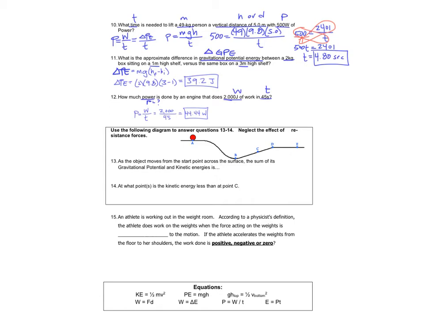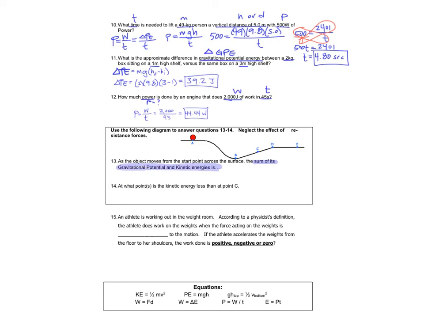Number 13 and 14, we're referring to this diagram below. What you're seeing here is a ball at position A, and it's going to roll down the hill to B, and then up the hill to C, D, and stop at E. As the object moves from start across the surface, the sum of its gravitational potential energy and kinetic energy.